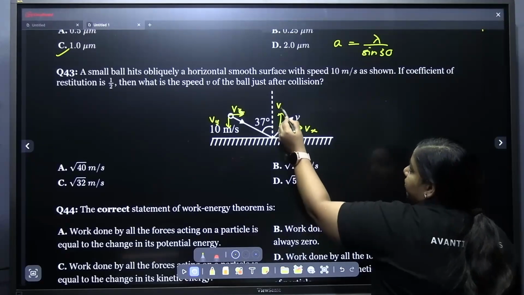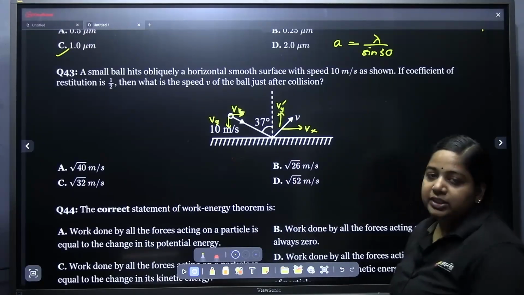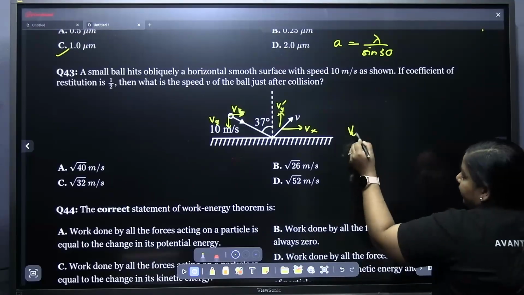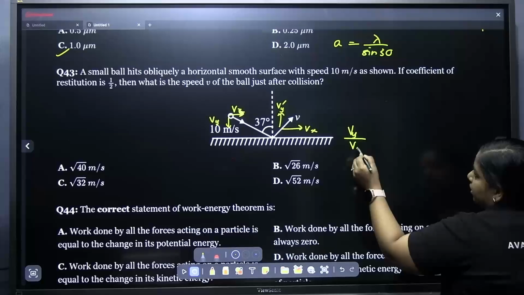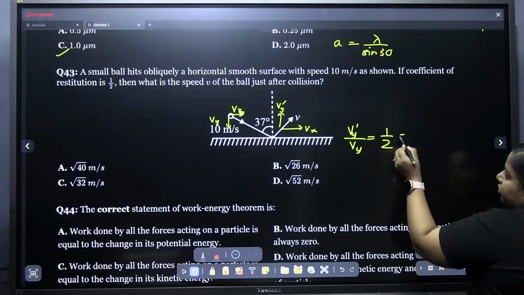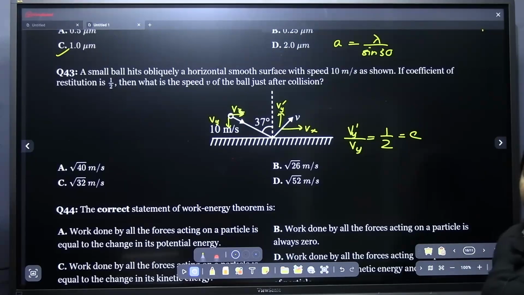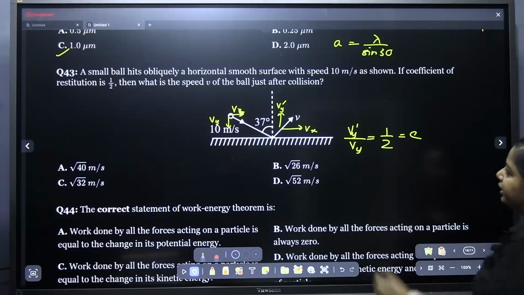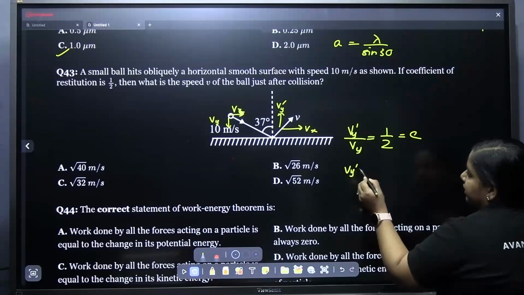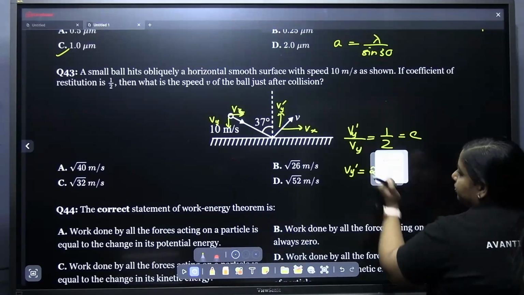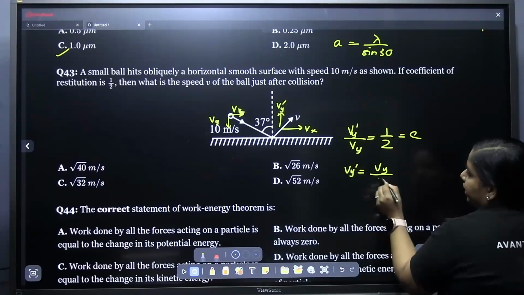But Vy is changing direction and will have a new value. Vy dash by Vy is equal to the coefficient of restitution e. From this you will get Vy dash equal to Vy by 2.